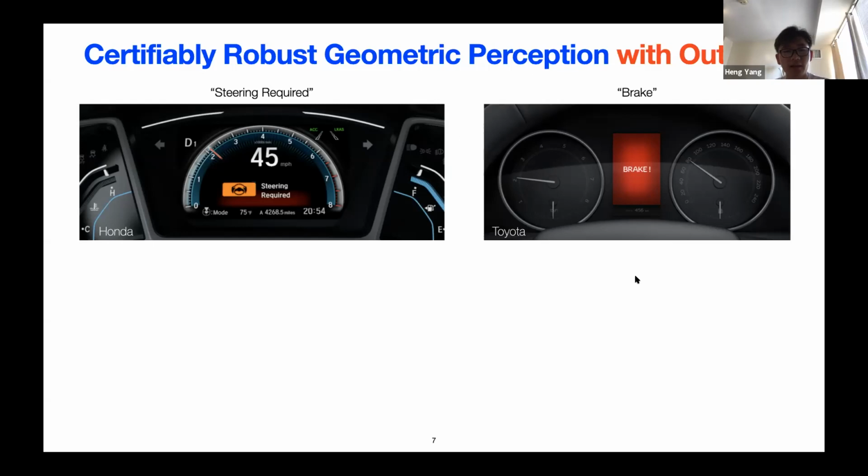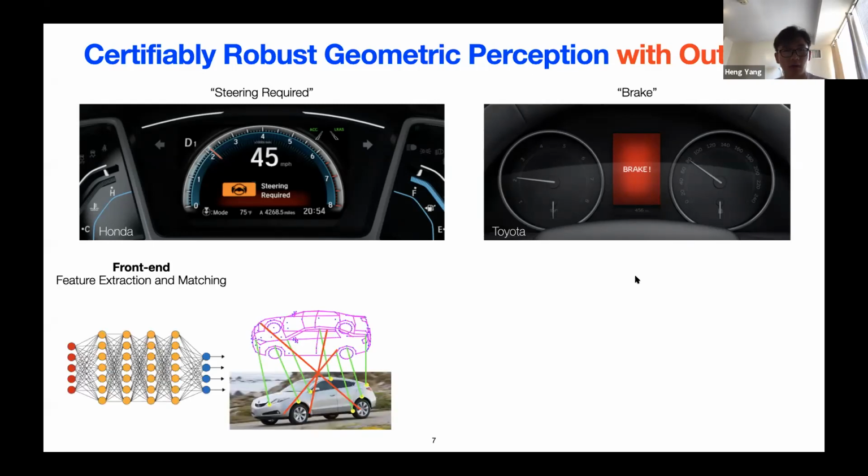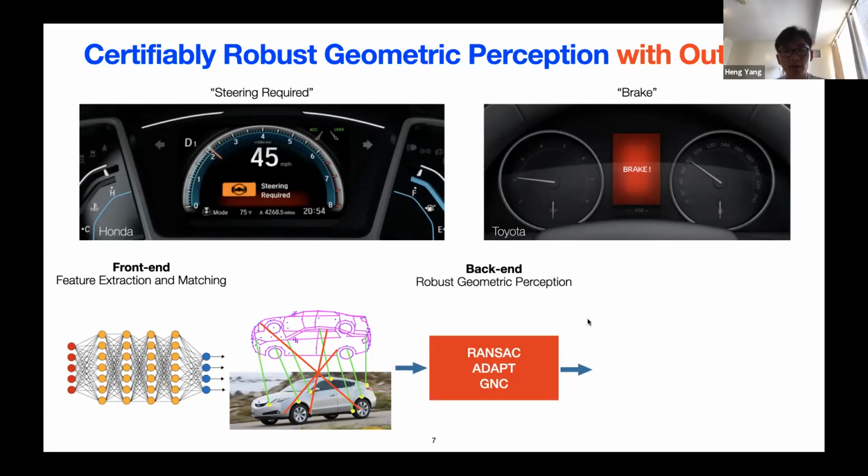Now, to put certifiable robust geometric perception in the context of modern perception pipelines: we usually have a front end that does feature extraction and matching, these days usually a neural network based pipeline. It outputs putative correspondences between visual measurements, for example from a 3D mesh to a 2D image. Then in the backend, we perform some sort of robust geometric perception, these days mostly RANSAC, ADAPT, or GNC.